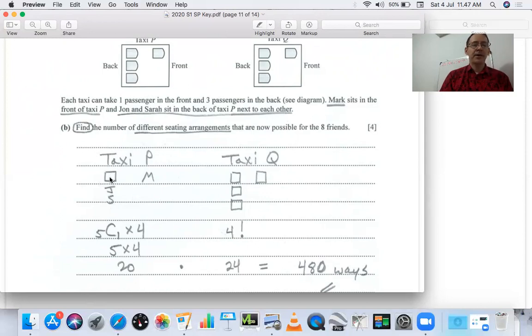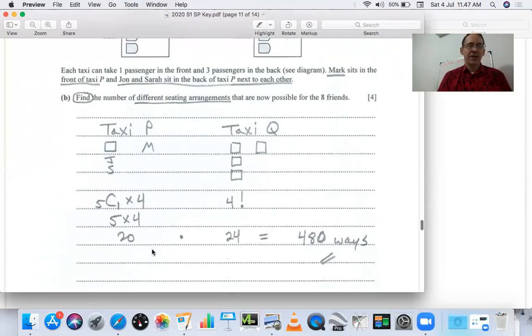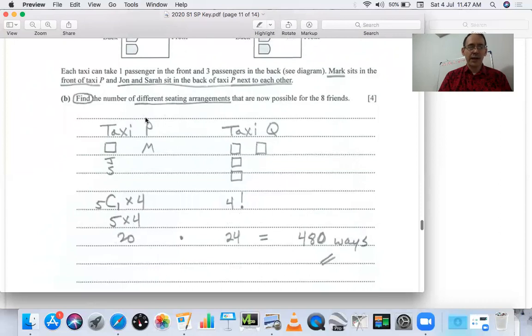If you move them up, could be John, Sarah, or Sarah, John. So that's another two ways by switching John and Sarah in each of those two positions. That gives you a total of 4. So our one selected person times 4 arrangements. Mark has to be in the front. There's no change there. So that gives a total of 20 different ways for taxi P.